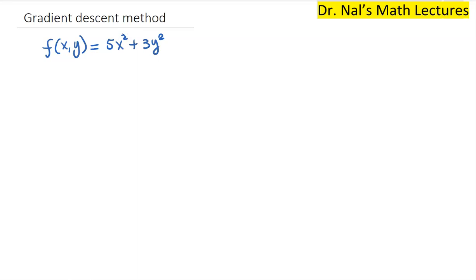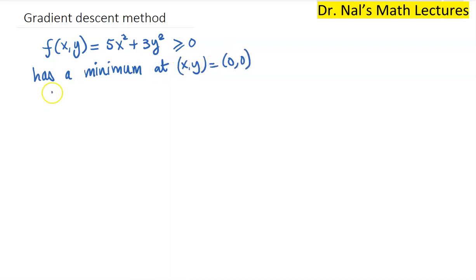This function doesn't have a maximum, but it has a minimum, and it's very easy to guess what that minimum will be, because squares are always positive, x squared and y squared are both positive. This expression is always greater than or equal to 0, so it's not too hard to see that this function has a minimum, which turns out to be a global minimum, at (x, y) equals (0, 0).